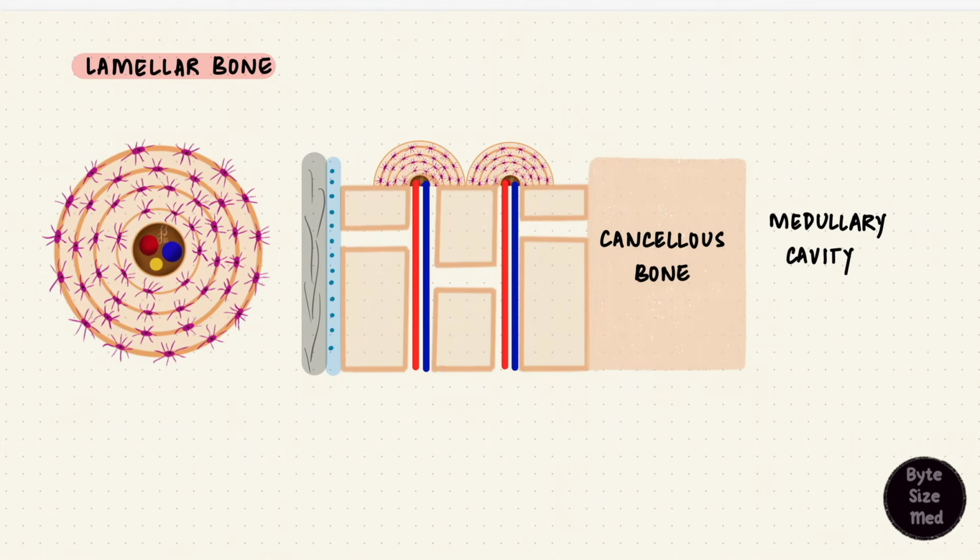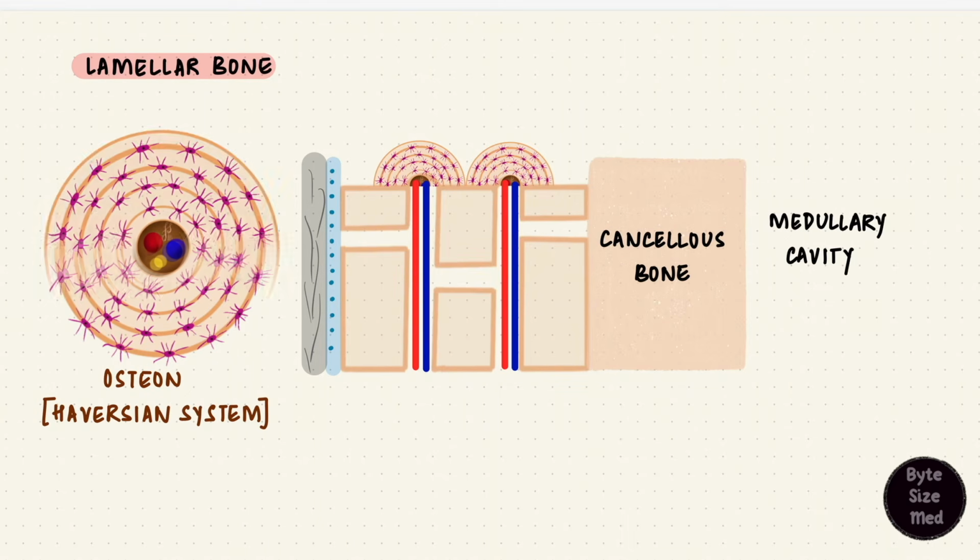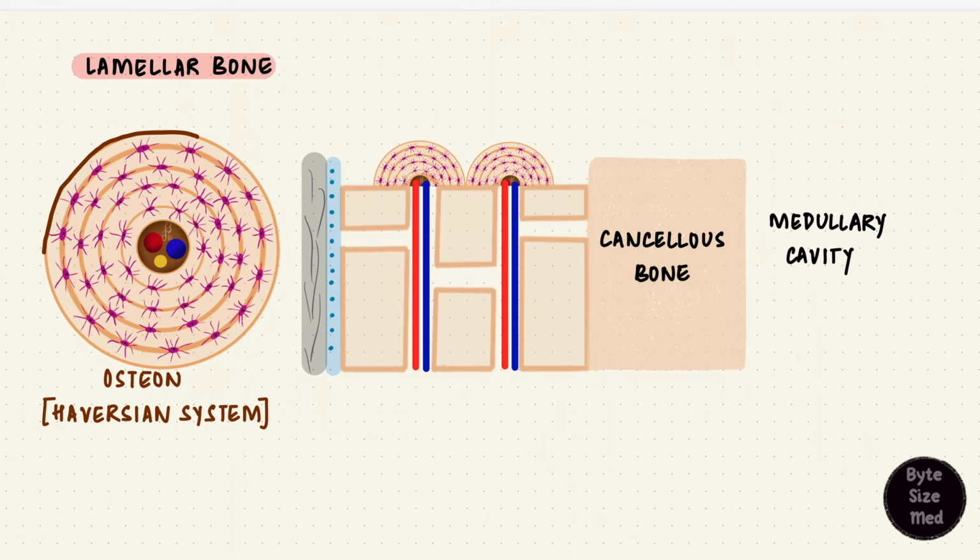Now, this whole structure, the central Haversian canal and those layers, is called an osteon or a Haversian system. The outer boundary of each osteon has a layer with lesser collagen and more non collagenous proteins. This is called the cement line.